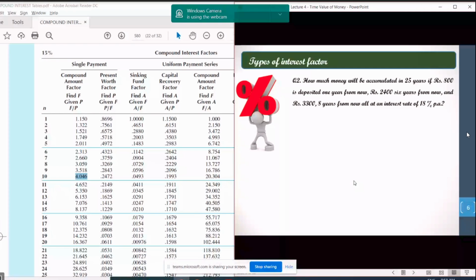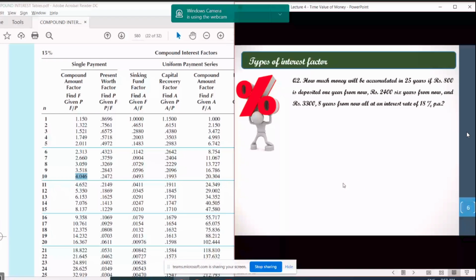So, how much money will be accumulated in 25 years if rupees 800 is deposited 1 year from now, 2,400 rupees 6 years from now, and 3,300 8 years from now, all at an interest rate of 18% per year. Now, how are we going to do it?